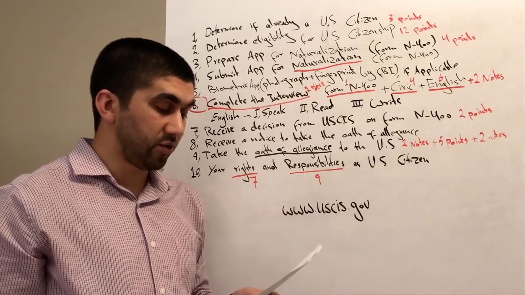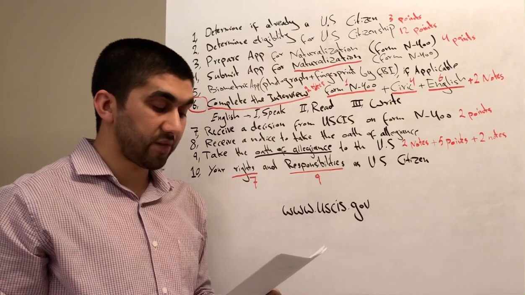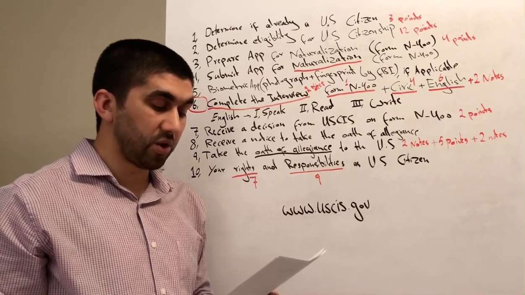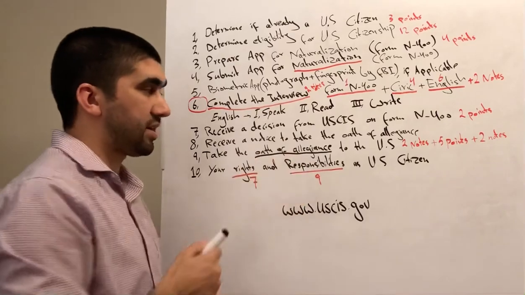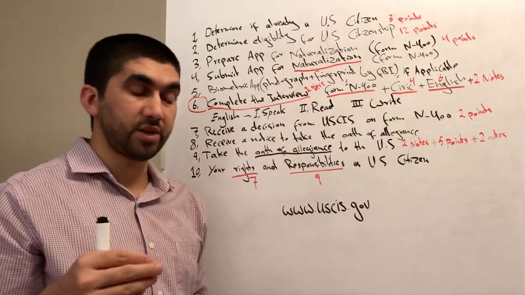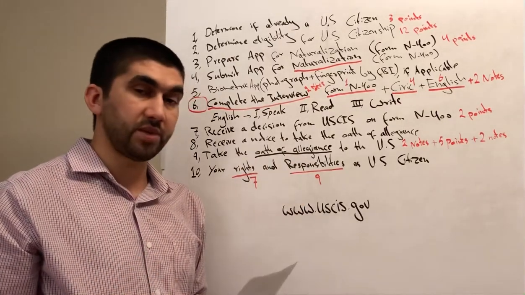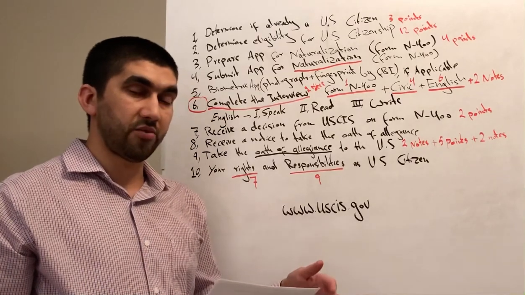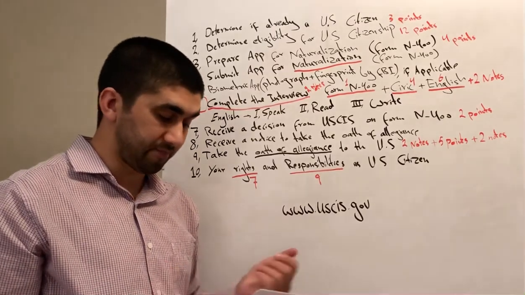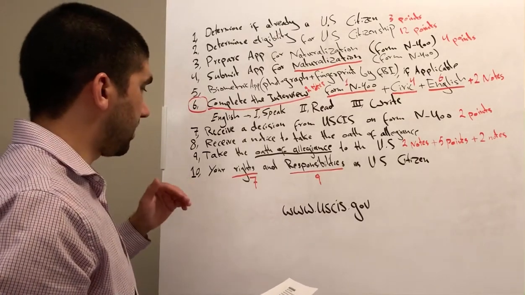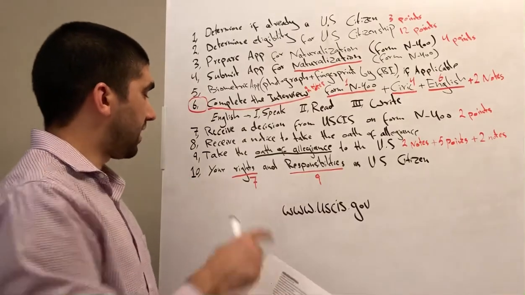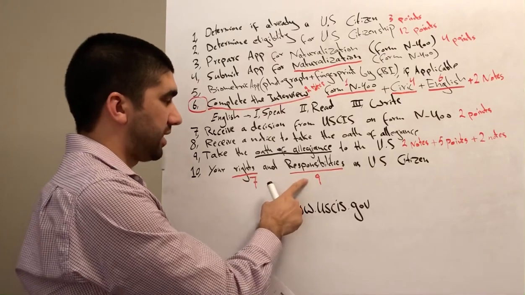And note number 2, you receive your certificate of naturalization after taking the oath of allegiance. So once you are done with the oath of allegiance, after that you receive a certification of naturalization. That simply means that now you can apply for a passport and you are a U.S. citizen. So number 10, or the last step we have, your rights and responsibilities.